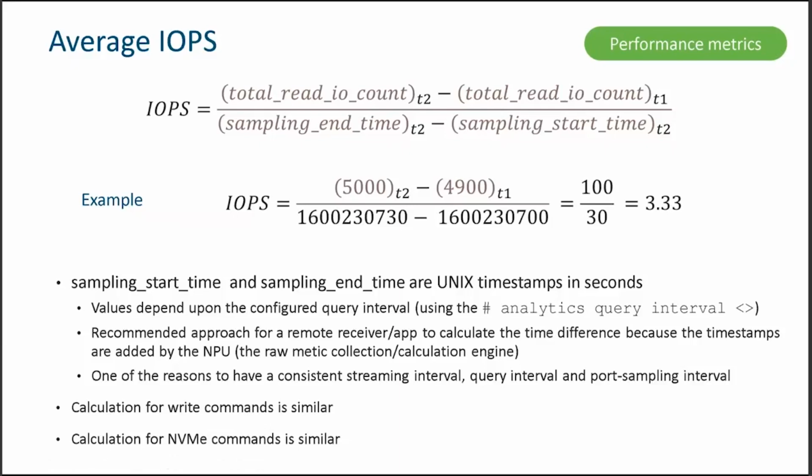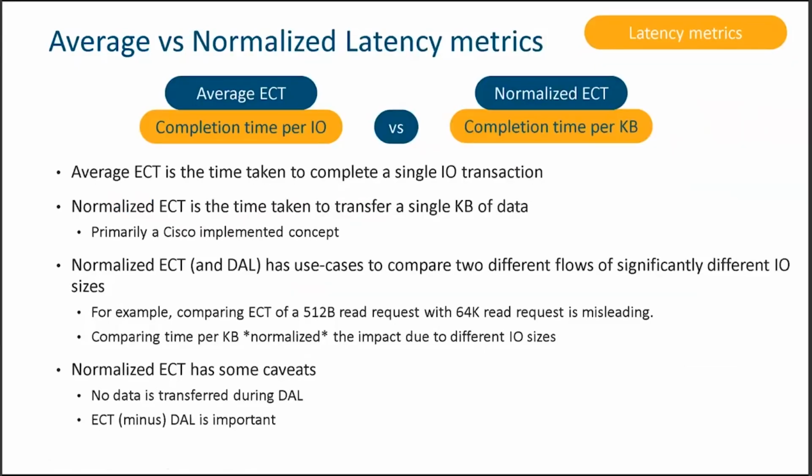Okay, great. Thank you. Before going to a question, there is another concept on SAN Insights, which is a normalized version of the metrics. We talked about this briefly, that you cannot just compare two ECTs randomly. Like yesterday's example was 400 microseconds of ECT compared to 800 microseconds of ECT. Can you do it? May or may not be, it really depends. One of the factors here is that you can have an average ECT in which you can say, this is my completion time per IO.